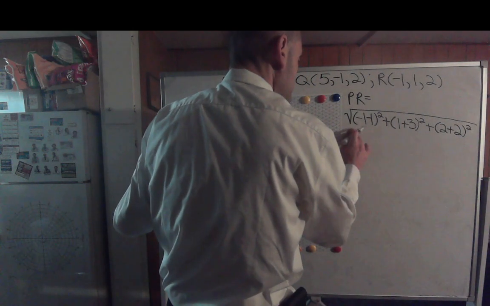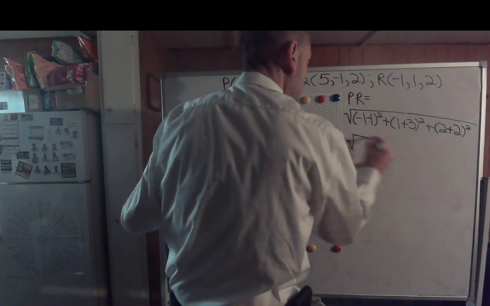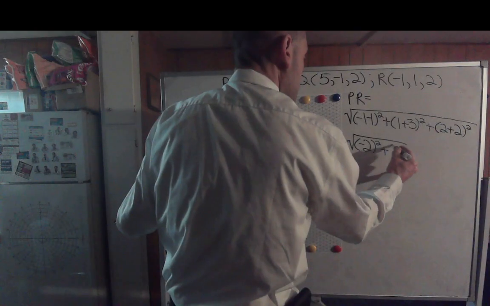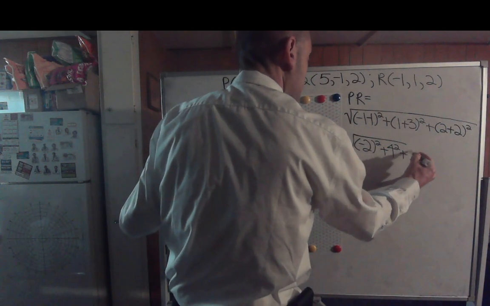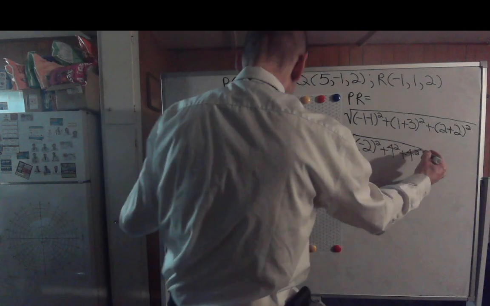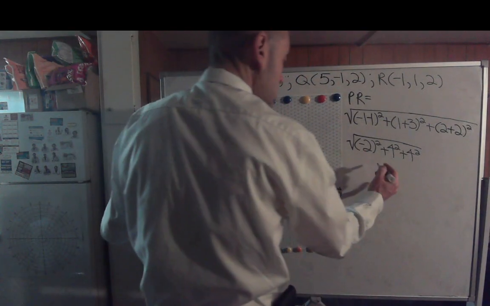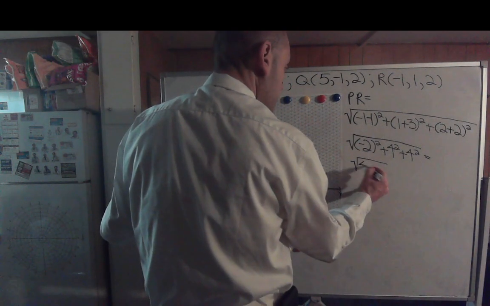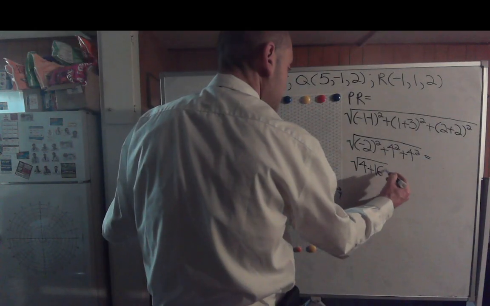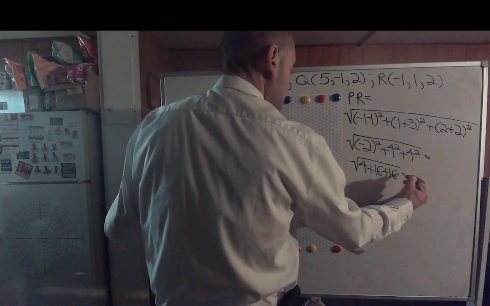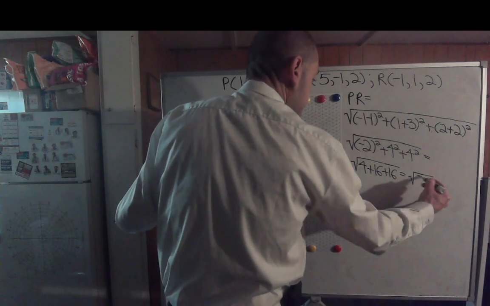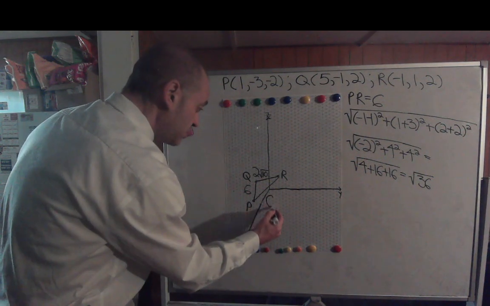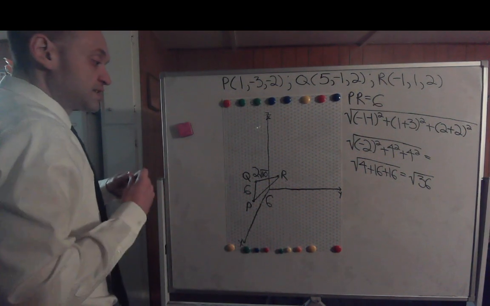So this is going to turn into the square root of -2 squared plus 4 squared plus 4 squared. Well, that's going to simplify into the square root of 4 plus 16 plus 16. That's the square root of 36, which we know to be 6. So PR also has a length of 6.